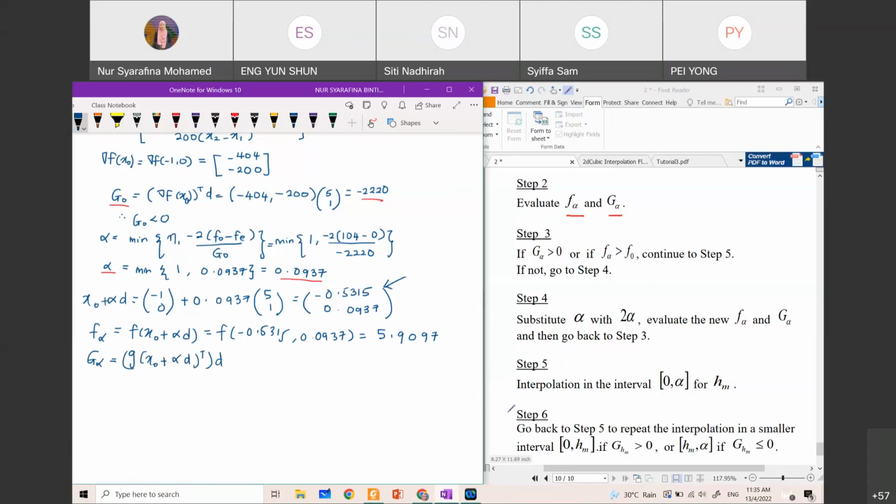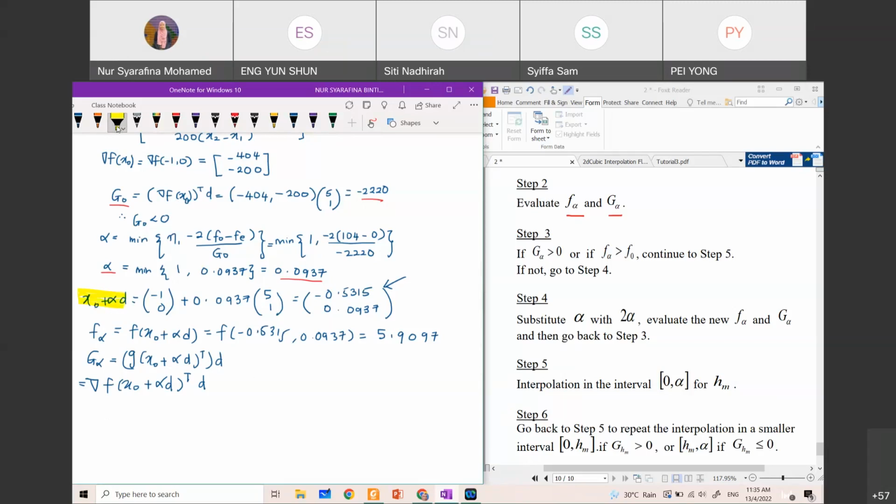So you have to have delta f of x0 plus alpha d first. How can you obtain this delta f of x0 plus alpha d? You have your value of x0 plus alpha d here.